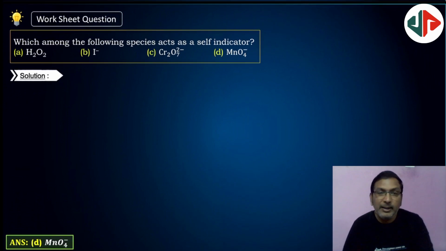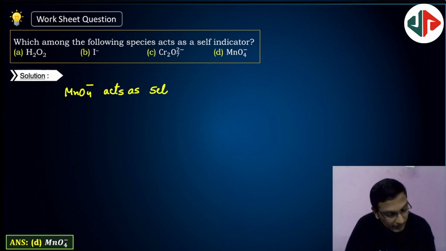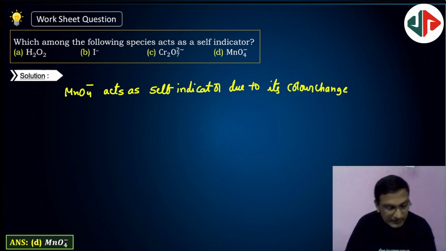So, among the following, which acts as self-indicator? So, self-indicator means MnO4 minus acts as self-indicator due to its color change.